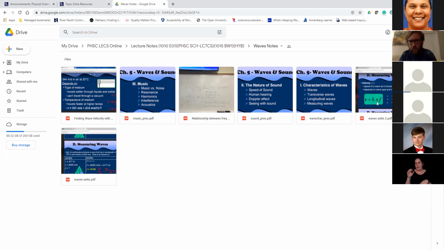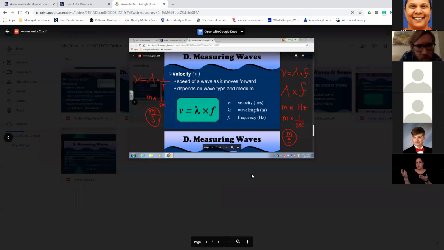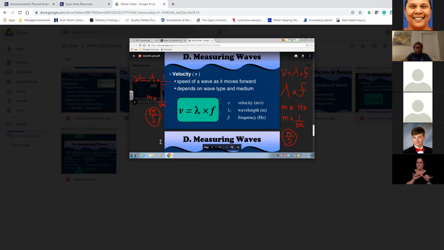Notice in here, I also have a slide that clarifies the units when you're measuring the speed of a wave. The unit is meters per second, just like we've always used for speed.